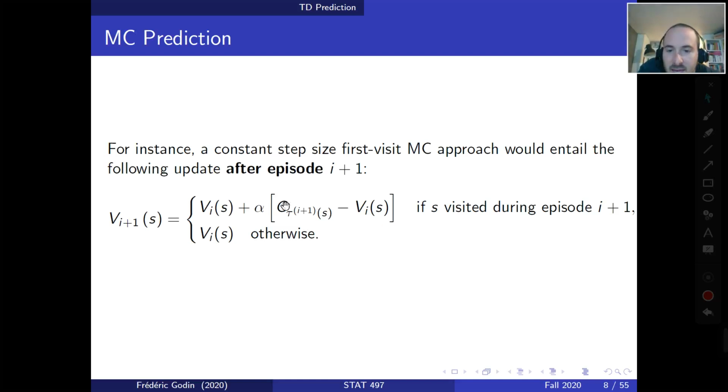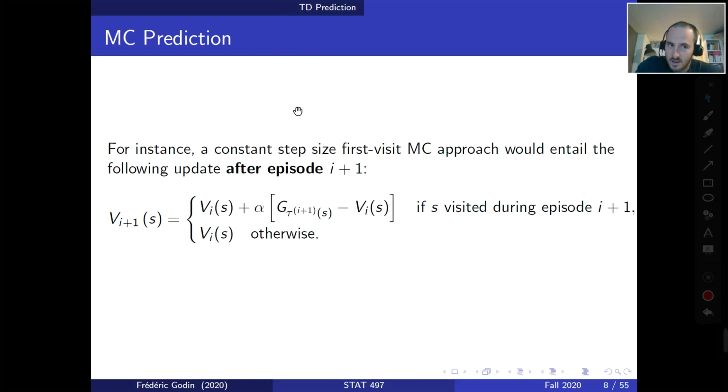Okay, so here the gain is calculated at the first time state S was encountered in the episode. So this is if state S was visited. Of course, if state S was not visited during the episode i+1, then the next estimate of the value function for that state would be the same, because we have no information on the value of S, so we cannot improve on our current estimates.